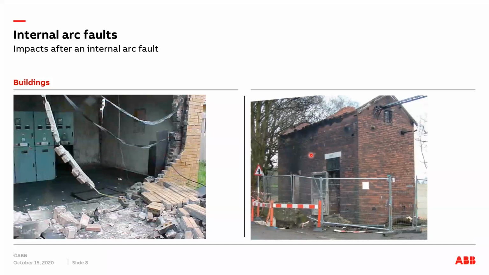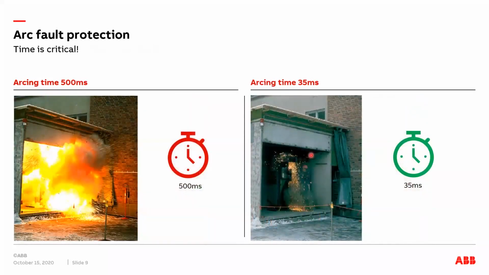So what can we do to prevent this then? As our webinar says, also time is critical. So we need to reduce the arcing time. Here's an example of a similar test.